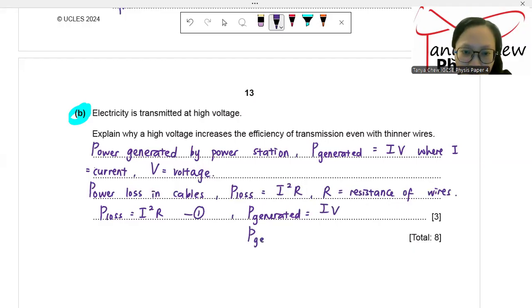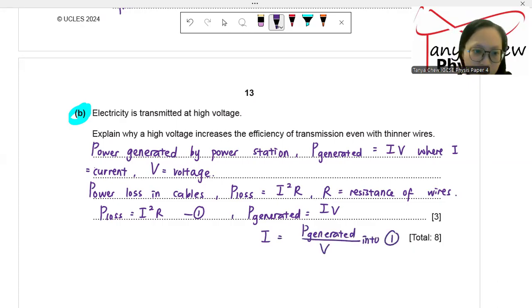I make I the subject. So from power generated, I is equal to power generated divided by V. Sub into equation 1. So power loss is equal to power generated squared over V squared multiplied by R.